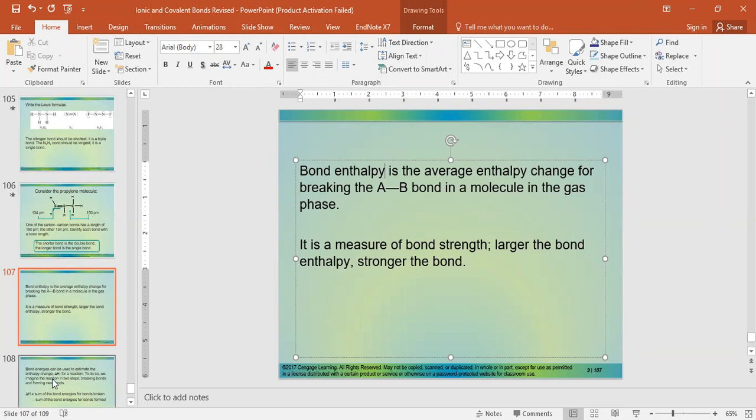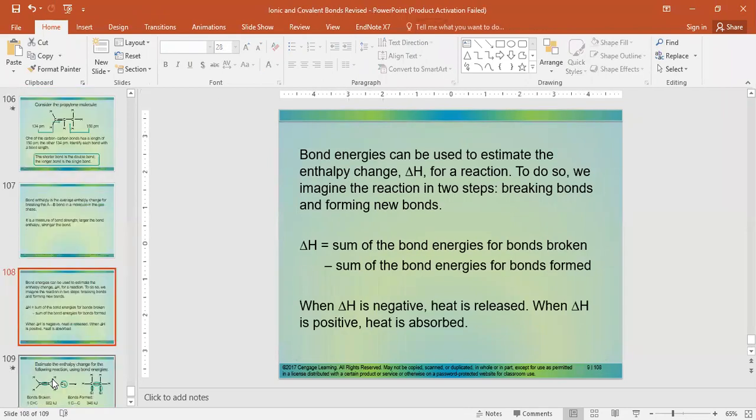break that particular bond. Now, from the bond enthalpies, we can actually determine what we call the enthalpy change for a process. And where does this one come from? Whenever a chemical reaction takes place, we have reactants.